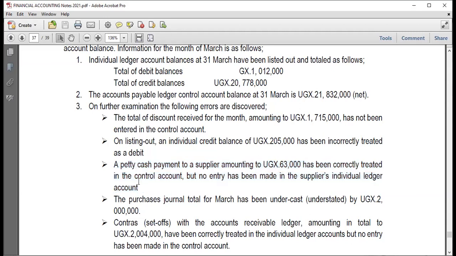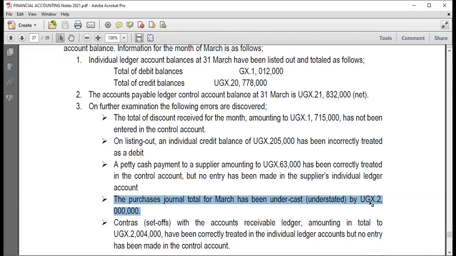Then, if we don't have any adjustment in this, we move to the next one, which says that the purchases journal total for the month had been undercast by 2 million. The purchases journal total for March had been undercast, or understated, by 2 million.